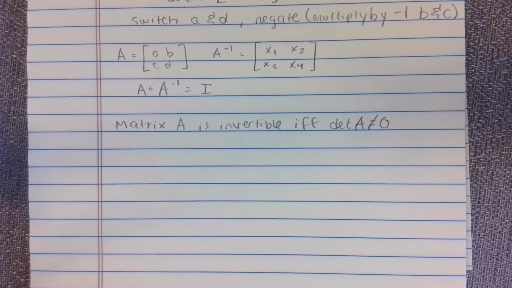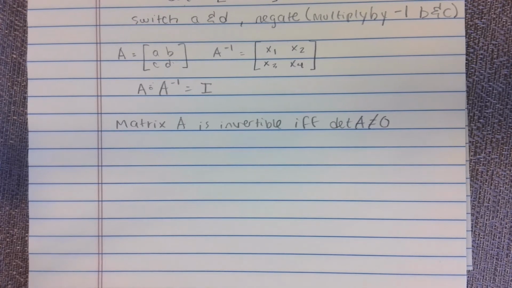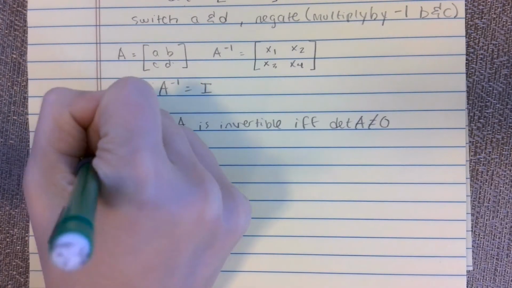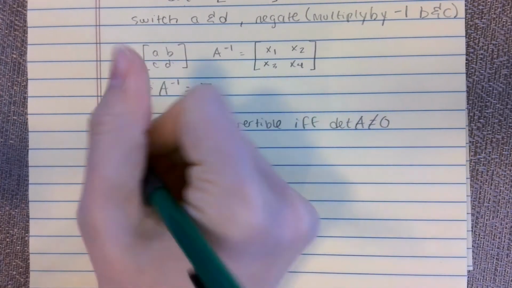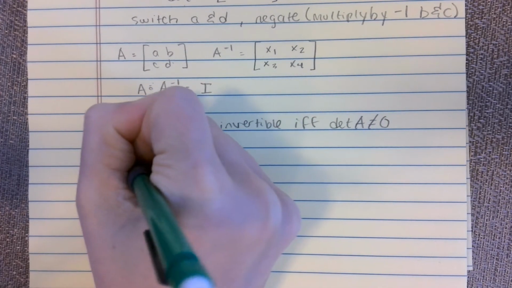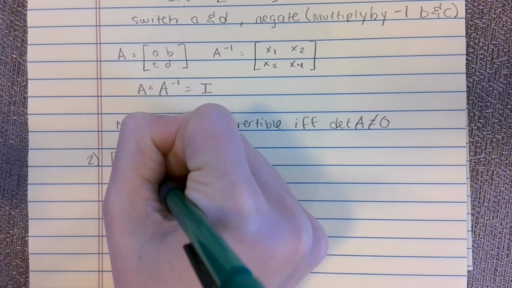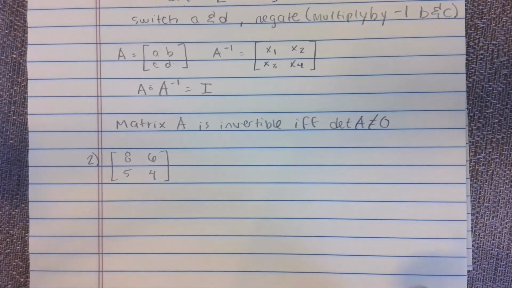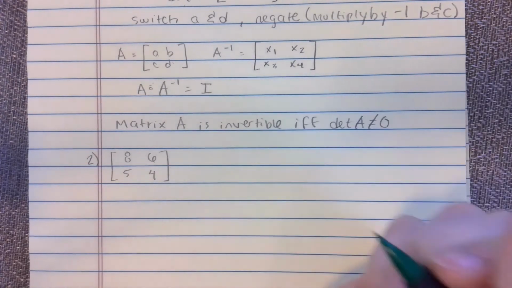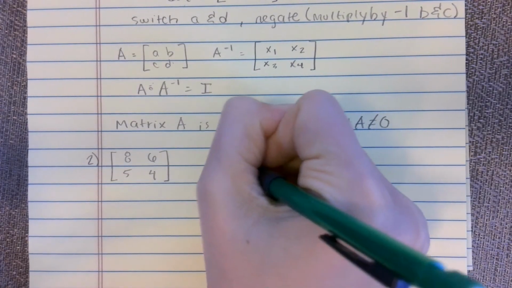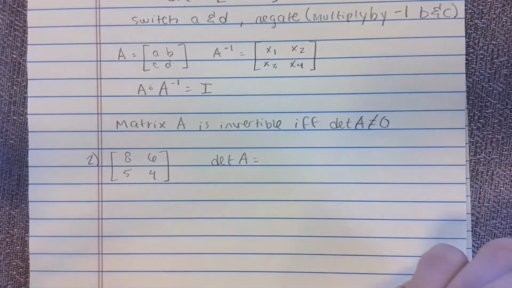Example 2 says that I have the matrix 8, 5, 6, 4, and I would like to find the inverse. The first thing I should do is find the determinant, because if I don't find the determinant first and I do all this weird switching, what was the point?